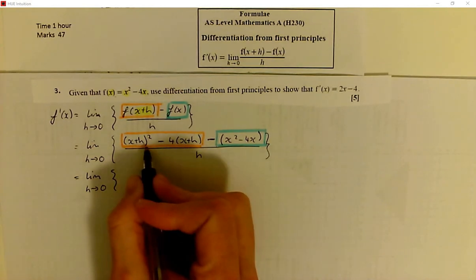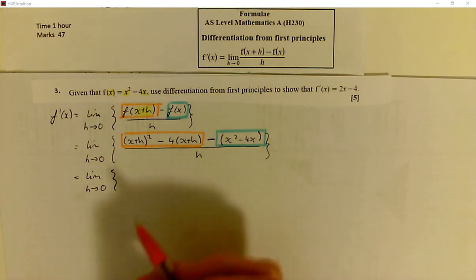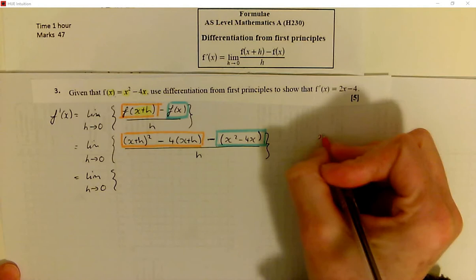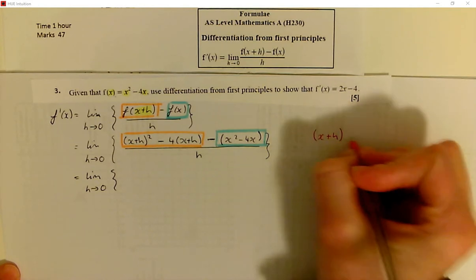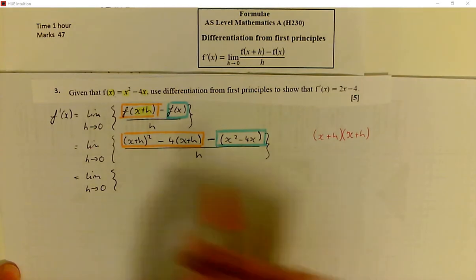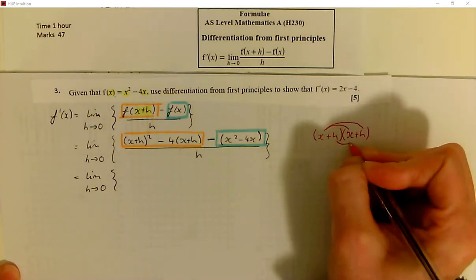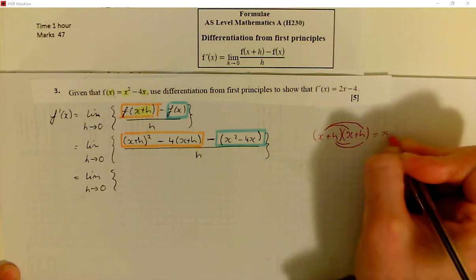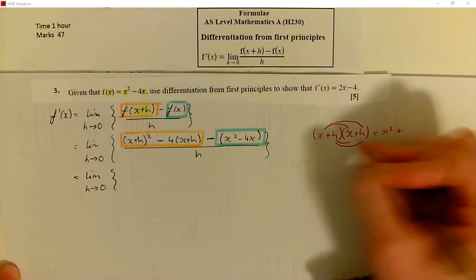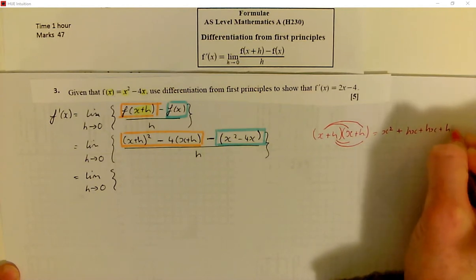So we're going to expand out those brackets. If you're not totally confident, you should get 3 terms from this, and I would write out the brackets like we recommended at GCSE, side by side. So x plus h squared is this. When you expand those brackets out, you're going to get x squared plus hx plus hx plus h squared.